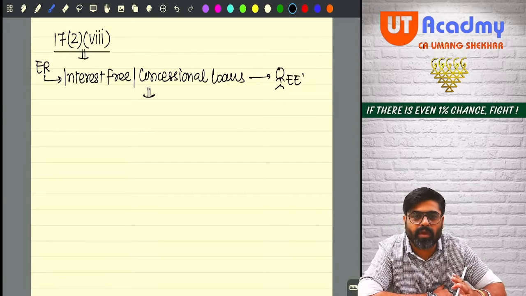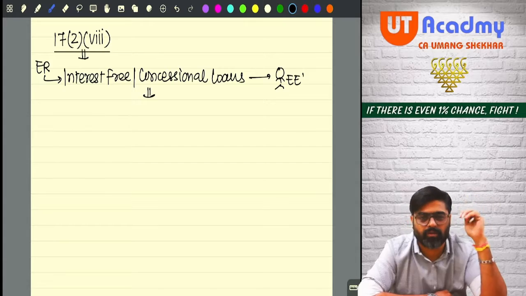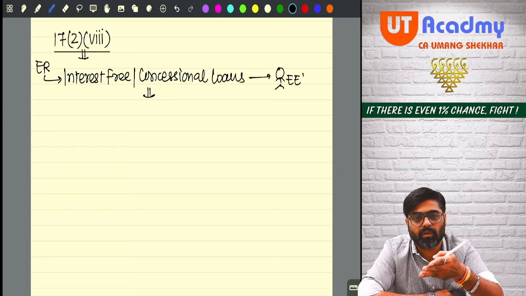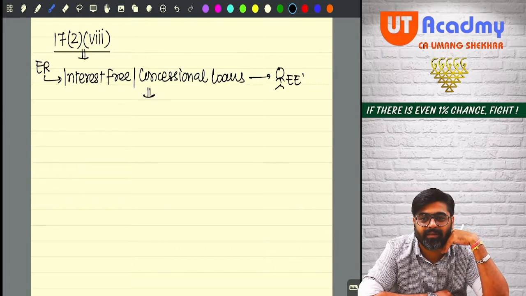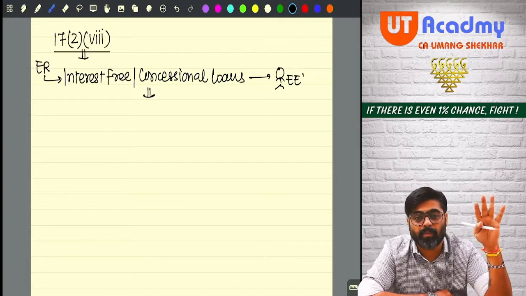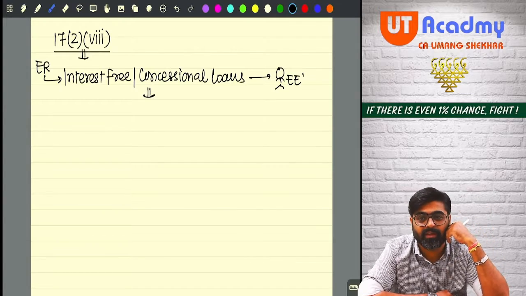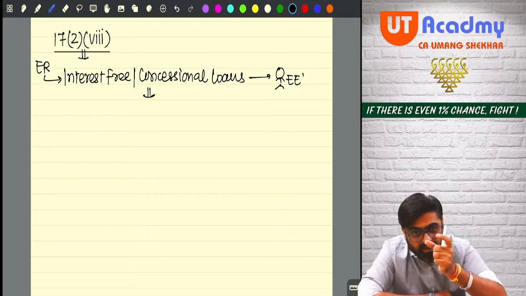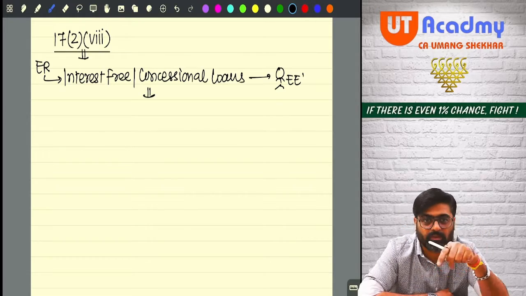So if the employee would have gone to a bank to get this loan, then the rate of interest for this loan was 12%, for example. And the employer is giving that same loan without interest. Entire 12% interest you have saved. Yes or no? Or the employer might give you the loan at 6% only. Still 6% you are saving. The savings in the interest happening to you on this loan is even treated as your perquisite as per clause 8.